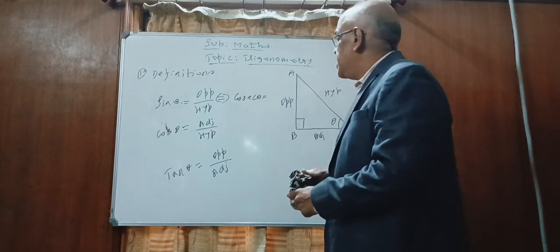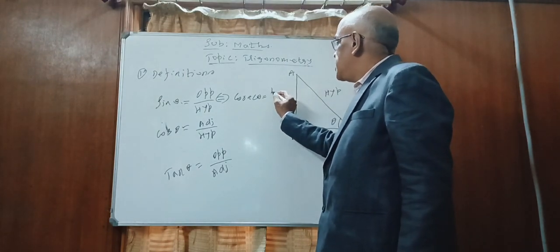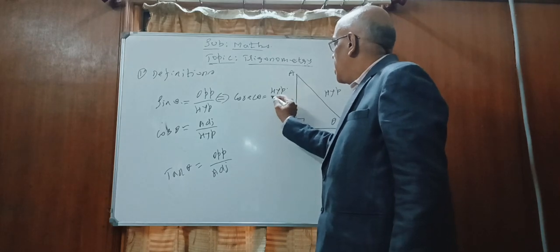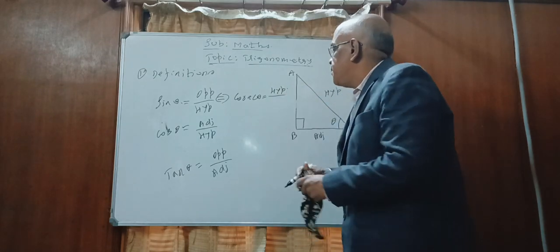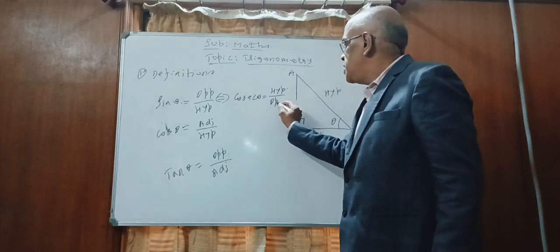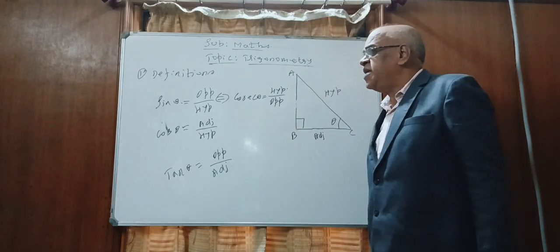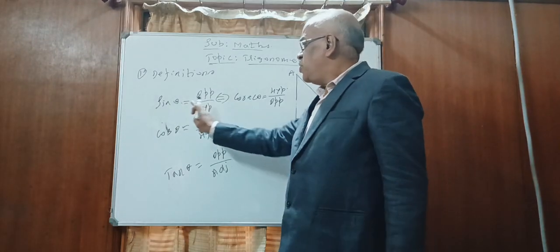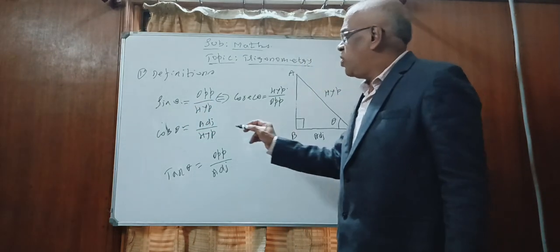Now what is cosec theta? Cosec theta is hypotenuse by opposite side. Now you must have got an idea by this time why I have written it opposite sin theta.